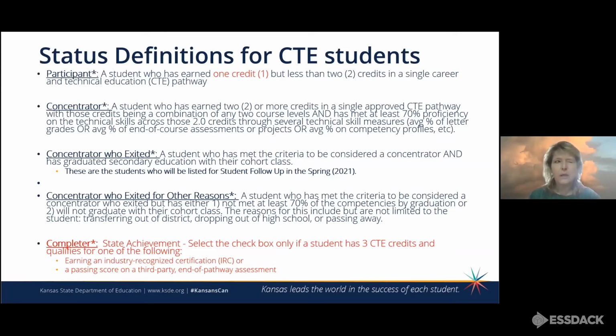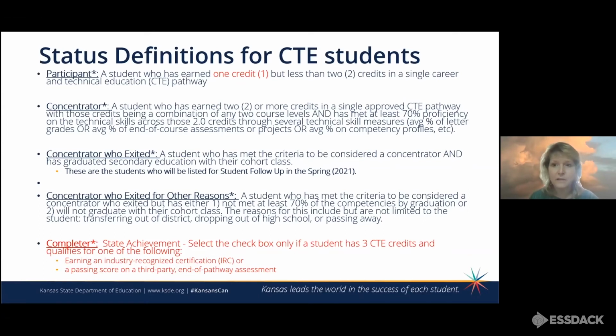For about 3 years, we were using the half credit as a participant to help increase our numbers and also line up with other states in their data submission. So that is the only thing that has changed this year for Perkins 5.